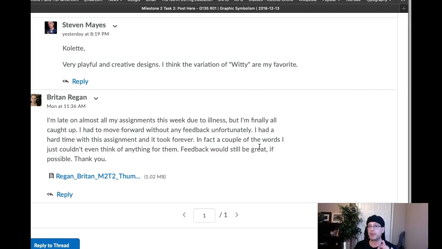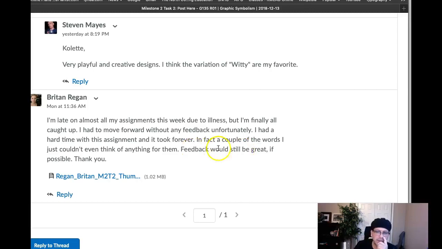I promise you one thing, though: the next time you're tasked with this type of assignment, which is quite regular in design, creating word lists and word maps and then assigning visual attributes to the words in both abstract and pictorial representations, it's very, very common in the design methodology. When you are required to do this type of process again, it will come much easier, I promise.